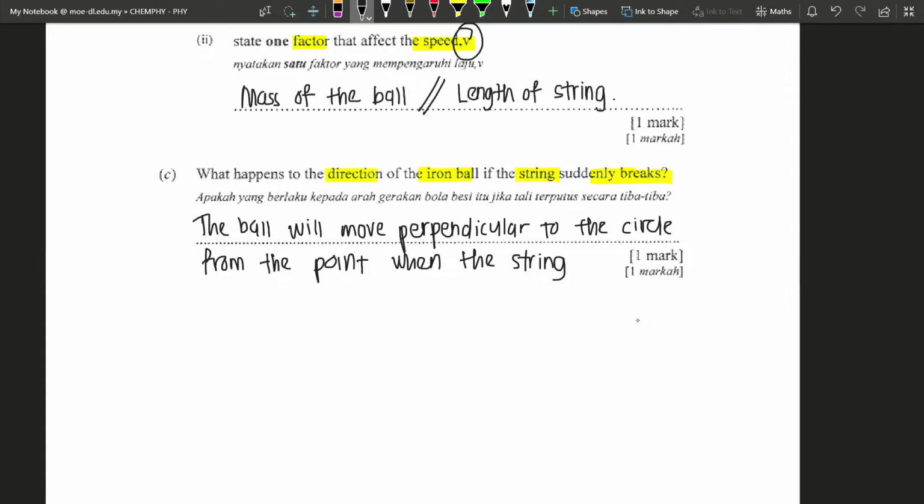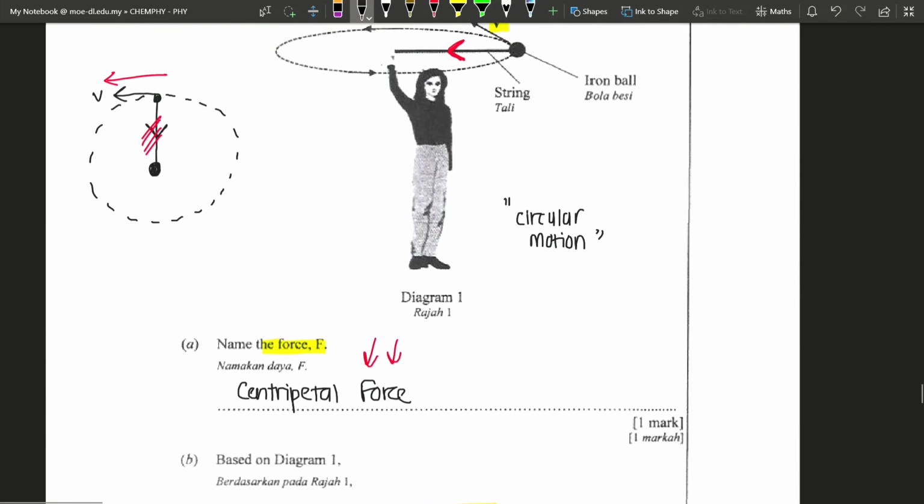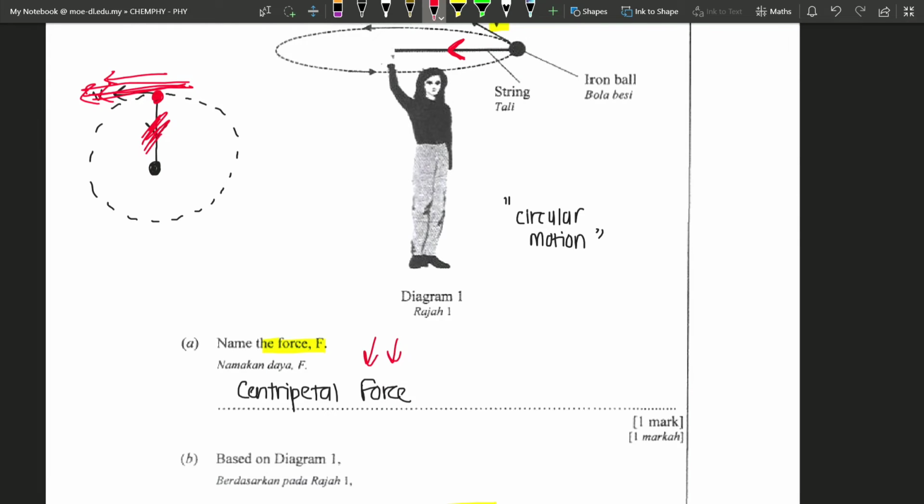Maksud dia, bola ni dia akan bergerak dalam keadaan berserenjang kepada bulatan daripada titik ataupun tempat tali tu mula putus. Okay, so dia based on gambar yang I dah lukis ni, dia akan jadi macam ni lah. Berserenjang, this one. Let's say kalau dia putus dekat sini, tali dia putus, so dia akan bergerak secara berserenjang, perpendicular to the point when the rope ataupun the string starts to break.